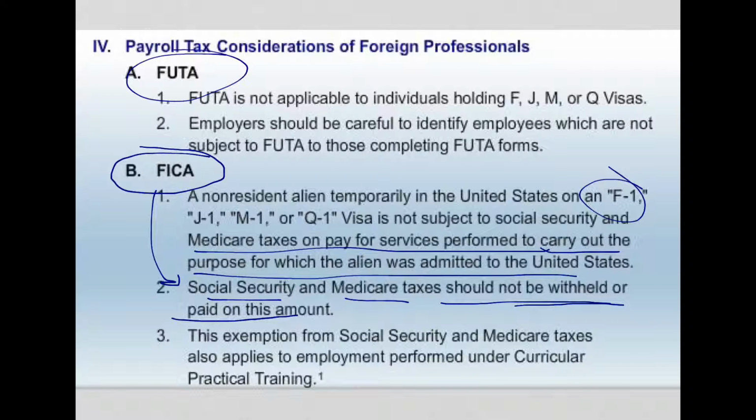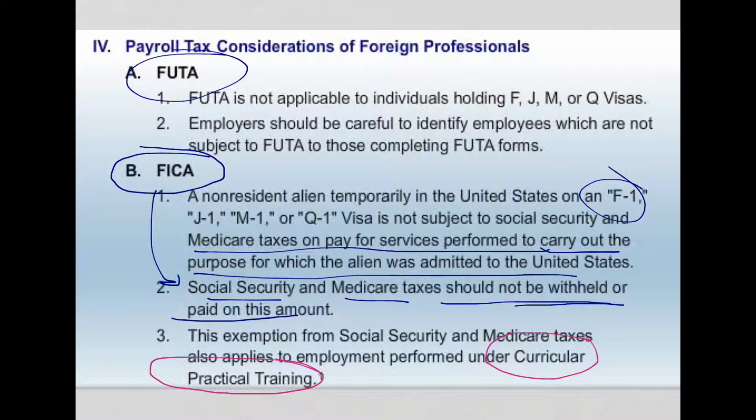And it also applies to, you notice down here, curricular practical training, which I don't know what that is exactly, but it has something to do with you foreign students. I think it has to do with when you have 1 year or the first year after your graduation, something like that. At any rate, you may know it better.